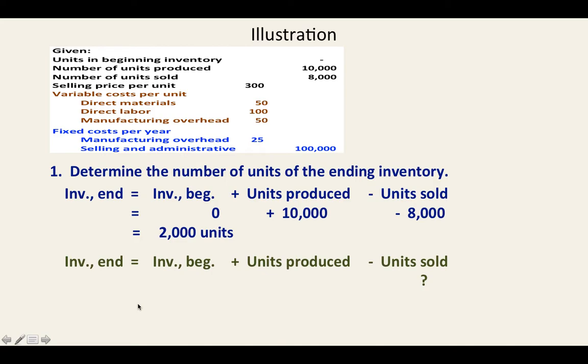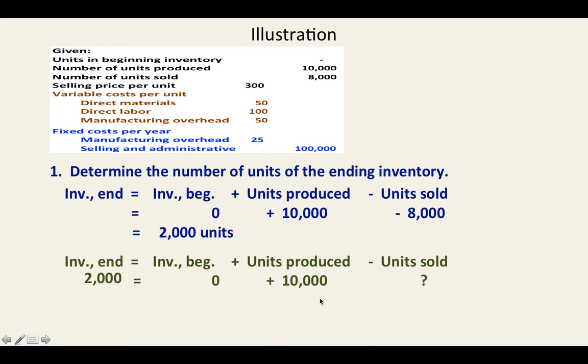Okay. By using transposition, by the way, let's put the example, okay? If our inventory end is 2,000, and if our inventory beginning is 0, and then the units produced is 10,000, so ang missing is units sold. So by transposition, we can put this unit sold on this side of the equation.